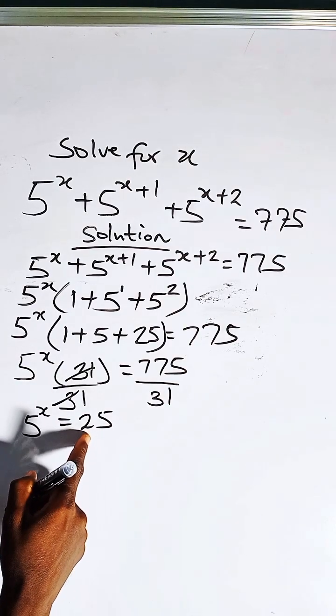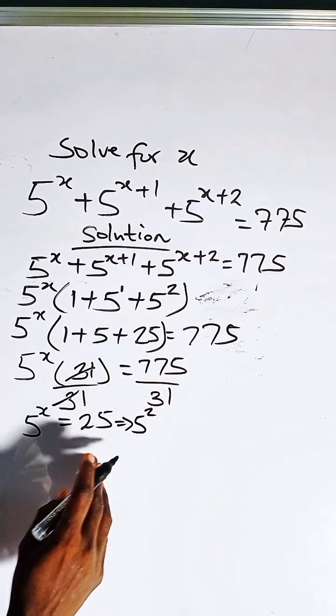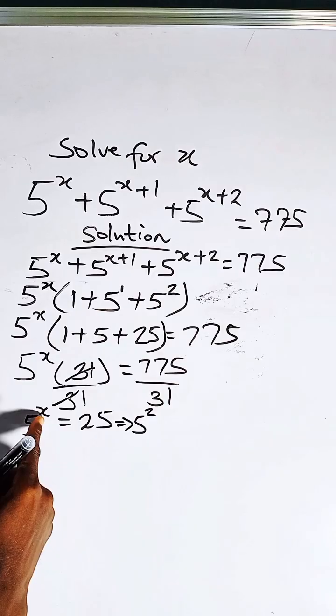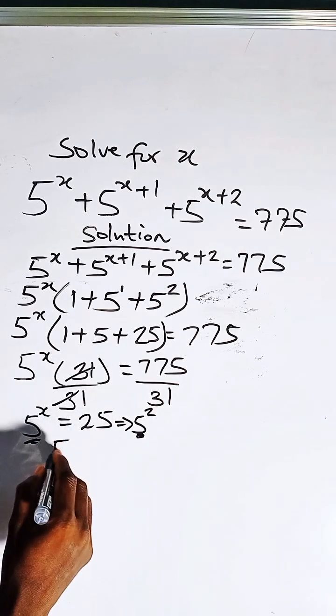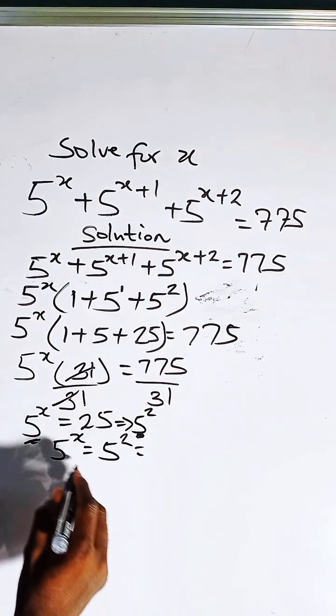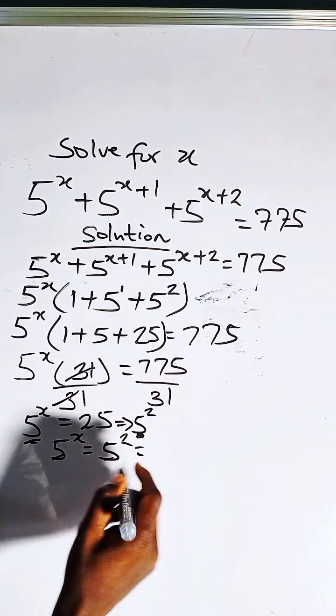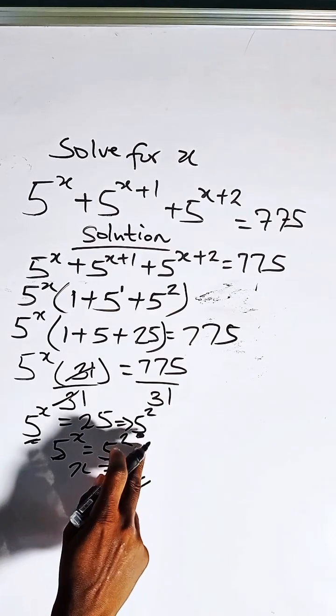So when we write 25 in index form, we have 5 raised to the power 2, which is 25. So we have the same base: 5 raised to the power x equals 5 raised to the power 2. Since we have the same base, we can equate the powers, so we can say x equals 2.